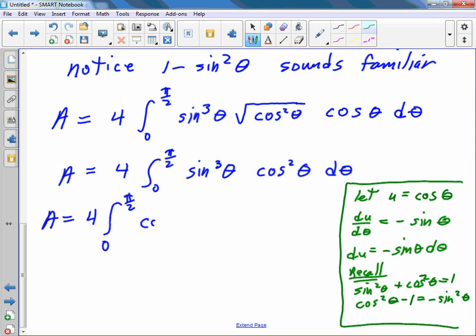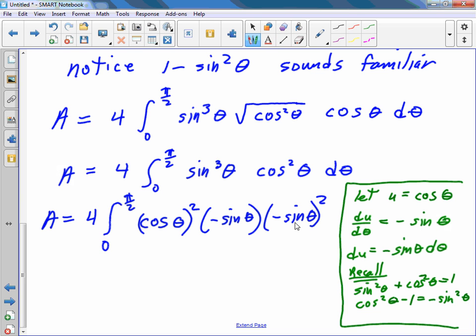Maybe it'll be easier to see. Cosine theta quantity squared times the opposite of sine theta times the opposite of sine theta squared. Check out what I did. I did it for a reason because I knew I needed an opposite of sine theta squared down here.